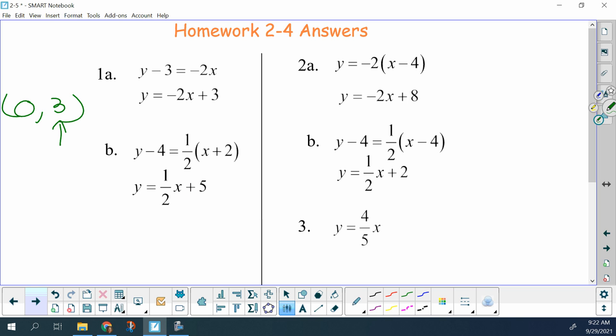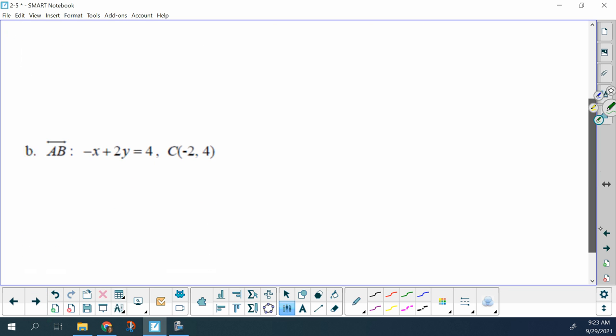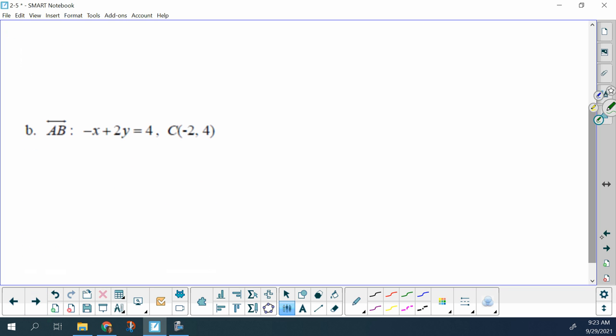Yeah, Claire? 1b, sure. All right, so looking at 1b, the directions are: write an equation for a line parallel to AB that contains point C. So, Claire, did you get y alone to start? Yeah. Okay.